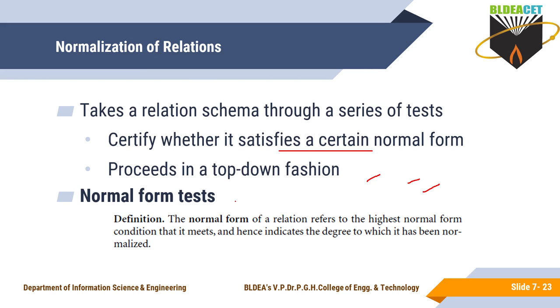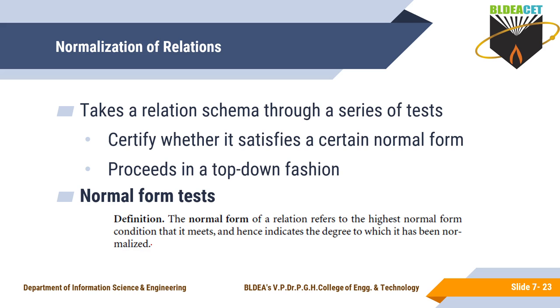What test does it perform here? That is what we call the normal form. As a definition, the normal form of a relation refers to the highest normal form condition that it meets, hence it indicates the degree to which it has been normalized. So the highest degree, as I told earlier, is first, second, third.